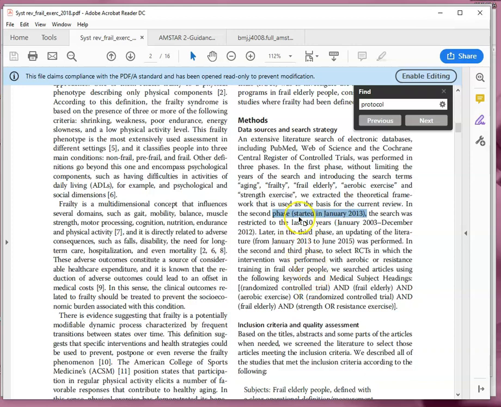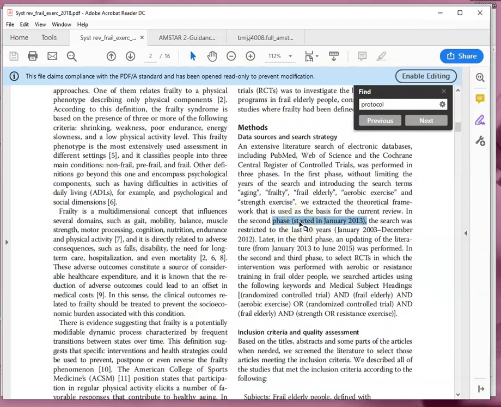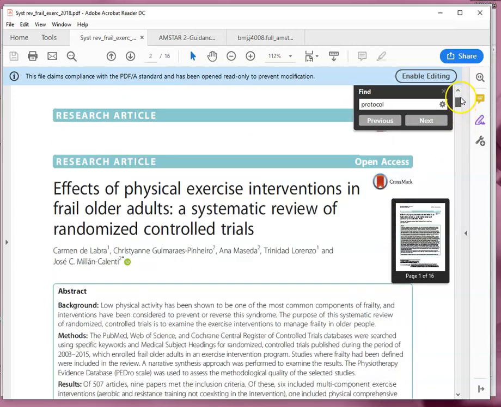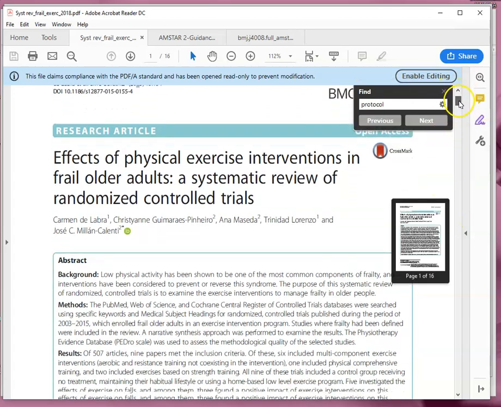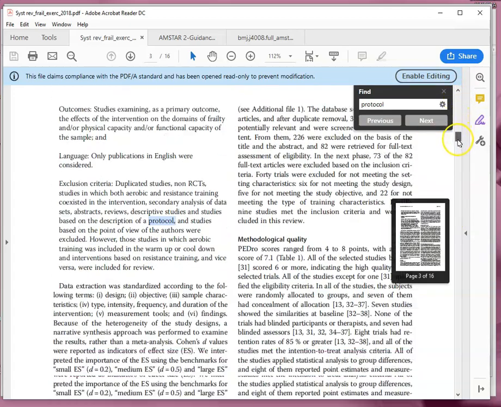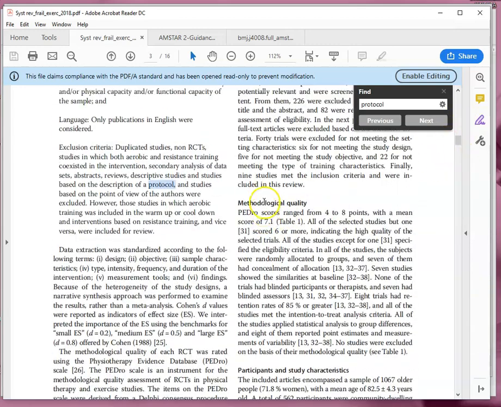But when was the data collection done? Okay, maybe that is started in January 2013. When is this published? This is published 2015. Okay, and it started in 2013 and published in 15. Yeah, that's 2 years.